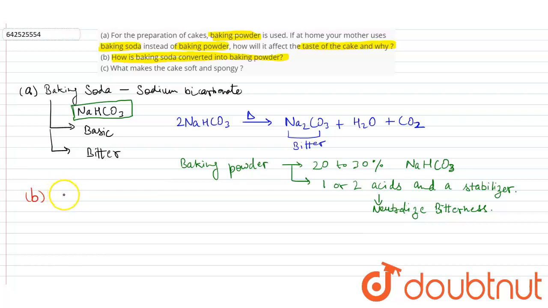So we can convert the baking soda into baking powder by adding an appropriate amount of tartaric acid.